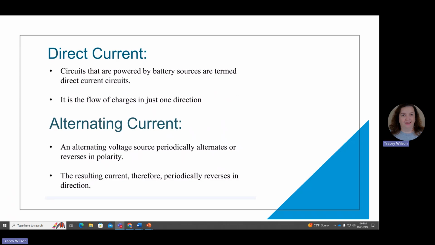So a battery is a direct current. Our electrical lines that run houses and such are what we call alternating current. Direct current has one flow direction. Alternating current can change and does change.